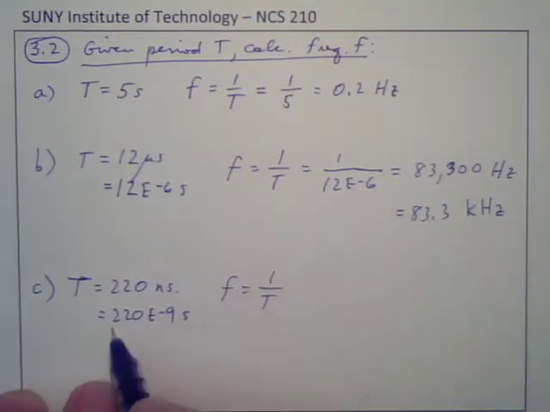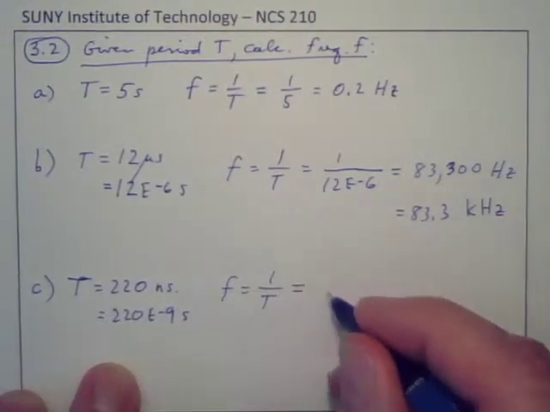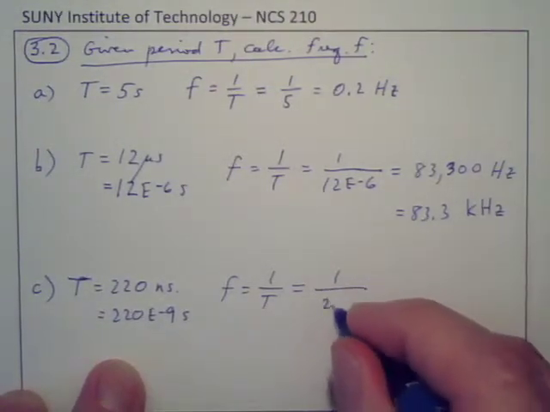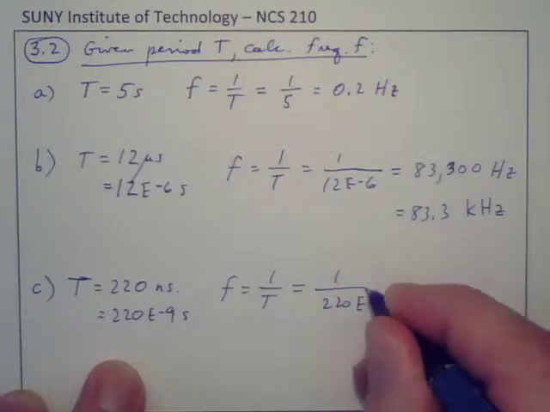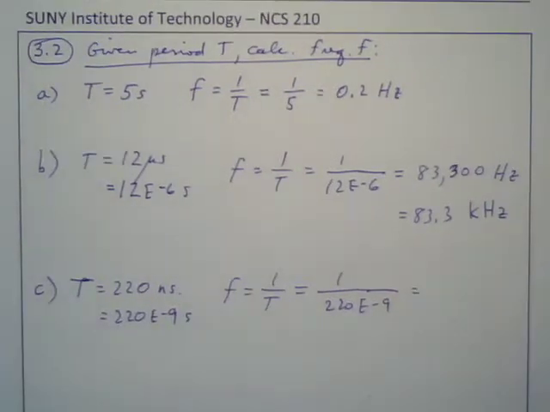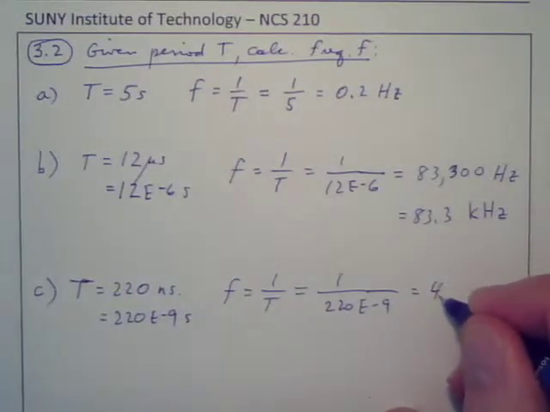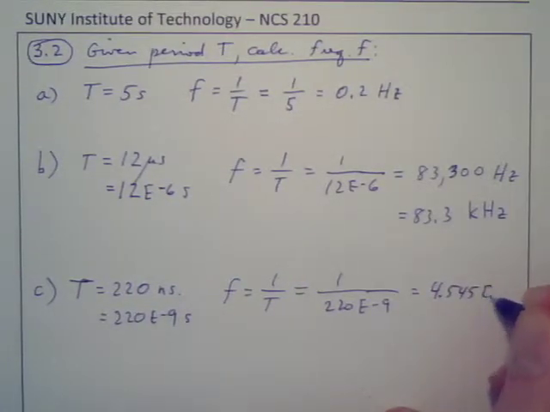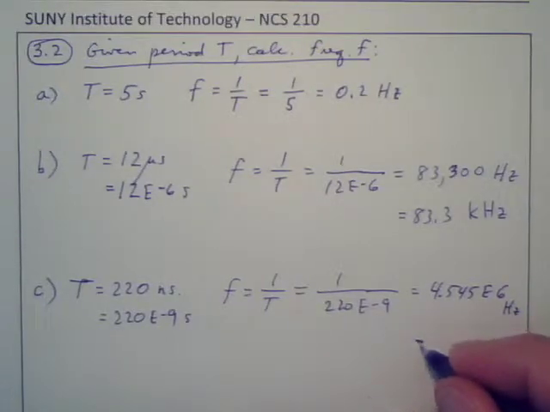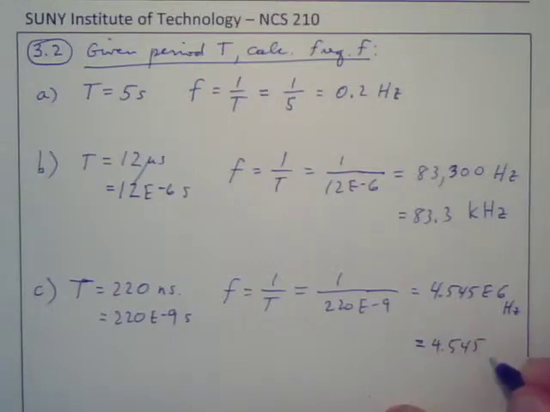So this now has units of seconds, and I can plug it right into this equation. If you plug that in on your calculator, you get 4.545 times 10 to the 6th hertz, and that means megahertz, so it's 4.545 megahertz.